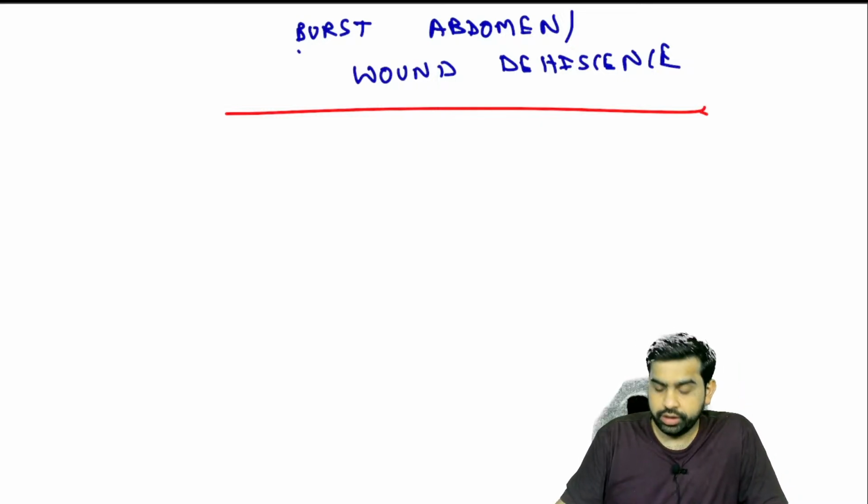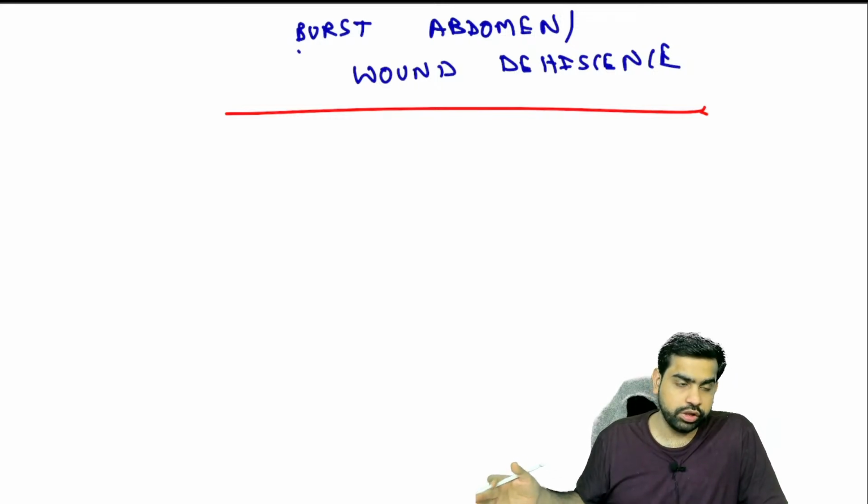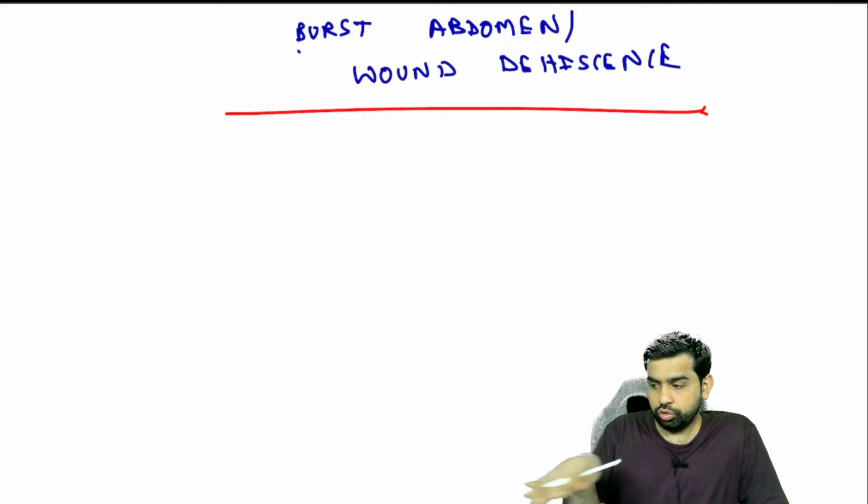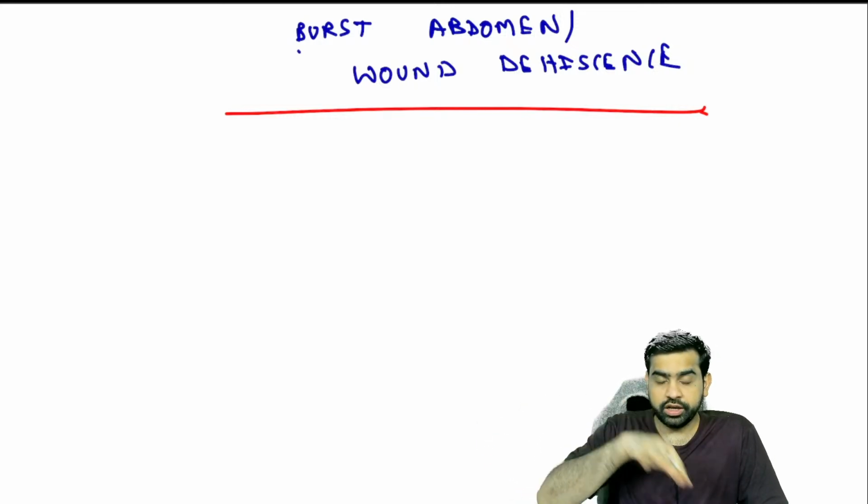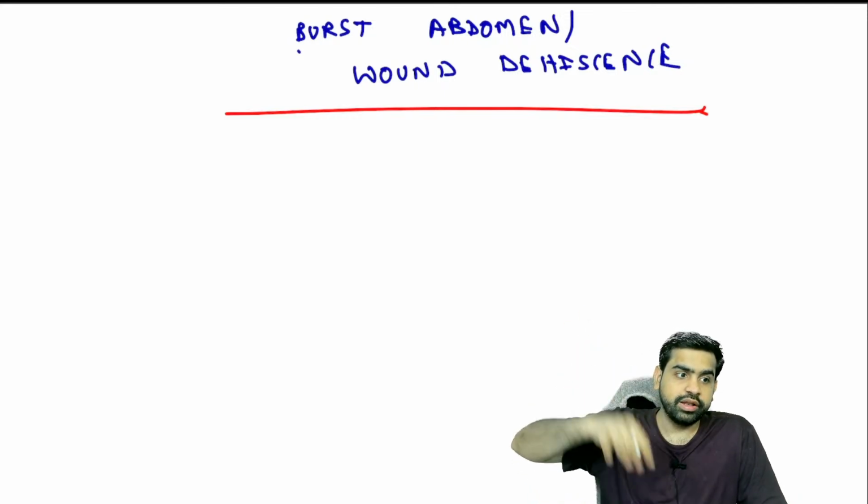What you need to understand is that when you do a laparotomy and the wound is closed, you close the sheath of the abdomen, you close the muscles, you close the subcutaneous tissue, you close the skin. All these things you close layer by layer.